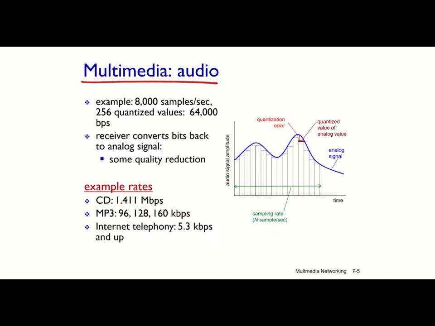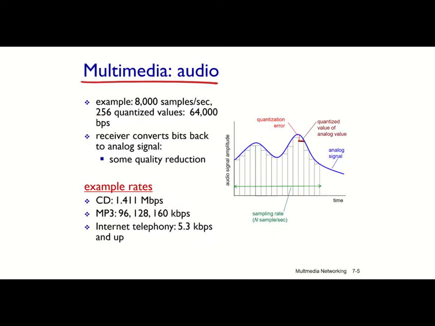For telephone audio, the sample rate is 8,000 samples per second, and each sample can have a quantized value between 0 to 255, so we have 256 quantized values per sample.